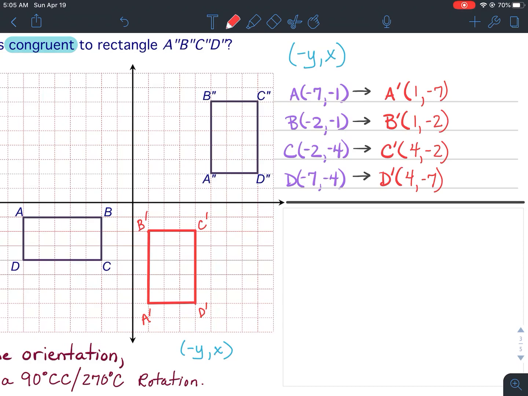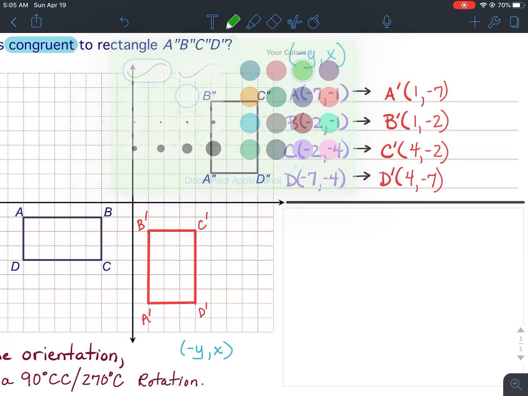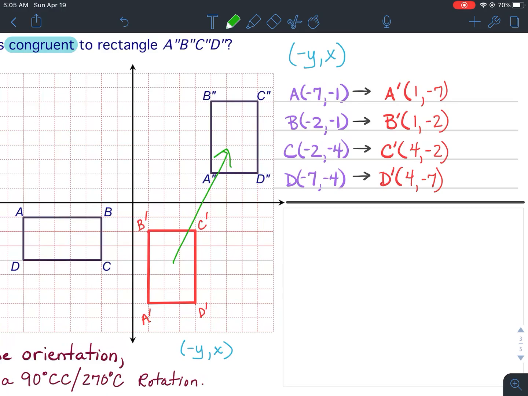Okay, so now we know where A prime, B prime, C prime, D prime is located. Now we have to figure out, how did the figure go from here to there? Well, it has the exact same orientation. The exact same orientation would be a translation. So let's use D prime and D double prime to figure out what our translation is.